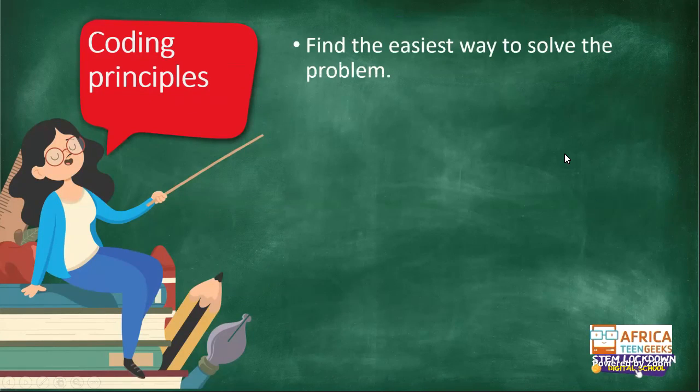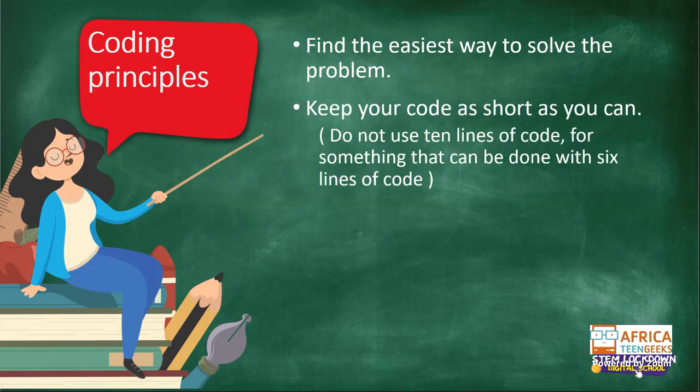And the same principles that we always discuss. We should always try to find the easiest way to solve the problem, and we always try to start with the easiest problem first. The next one is we try to keep our code as short as we can. So we don't want to use 10 blocks of code if we can do something with 6 blocks of code.